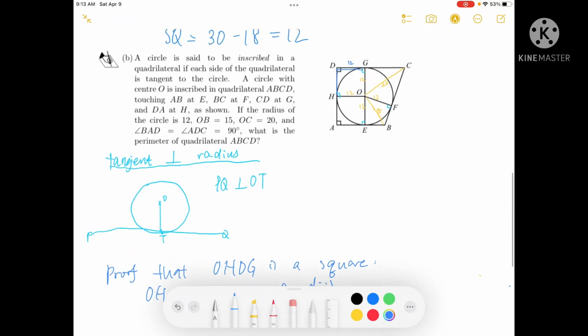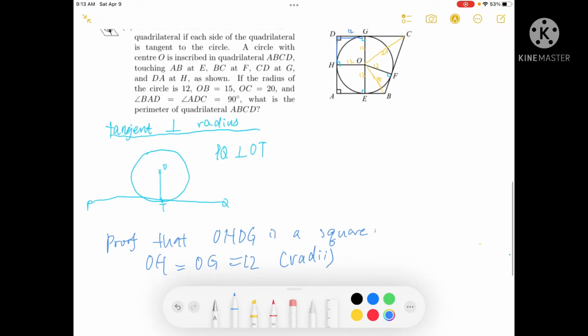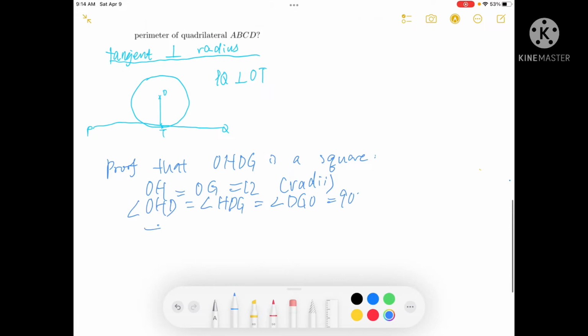We also know that angle OHD is equal to angle HDG is equal to angle DGO is equal to 90. So we know that OHDG is a rectangle.